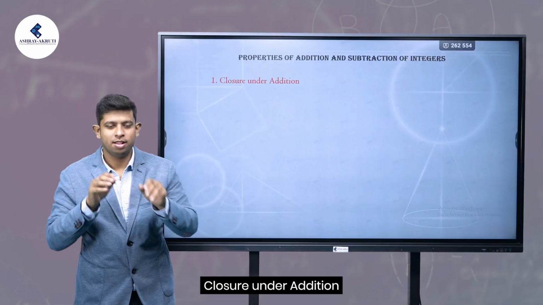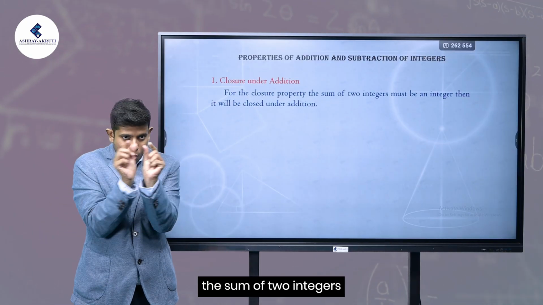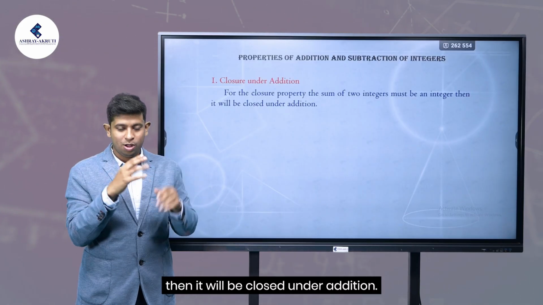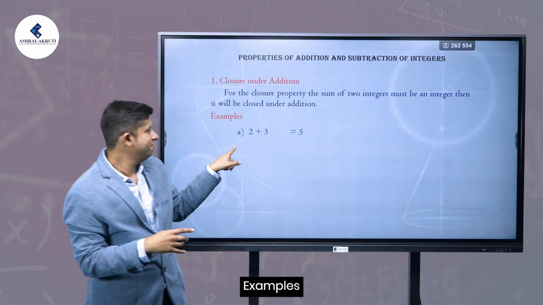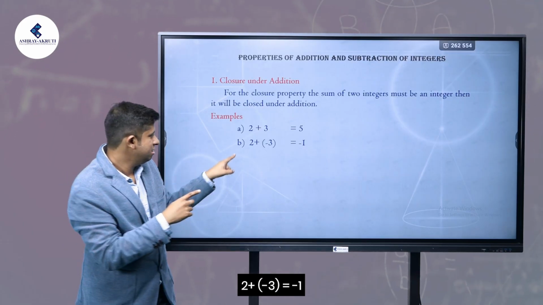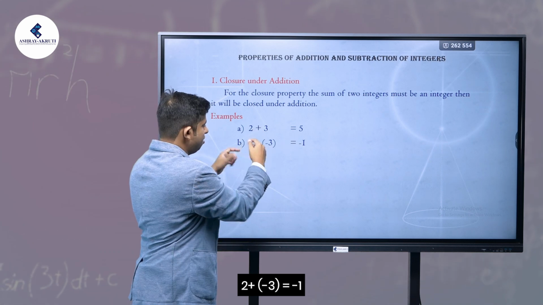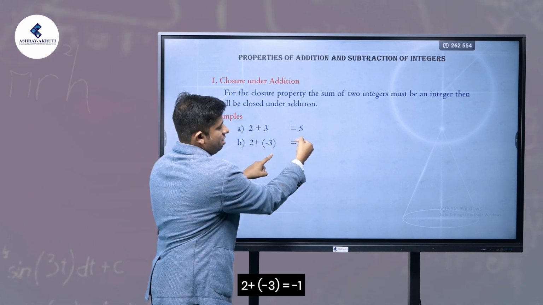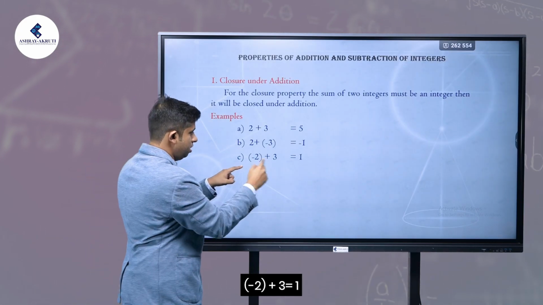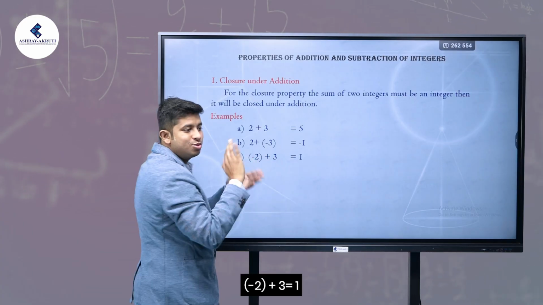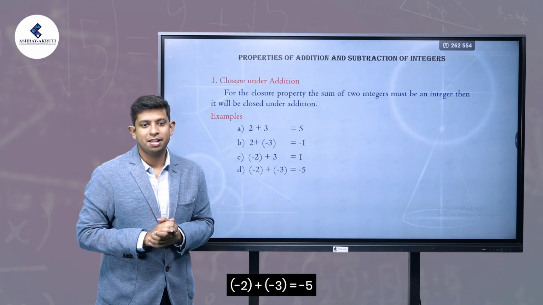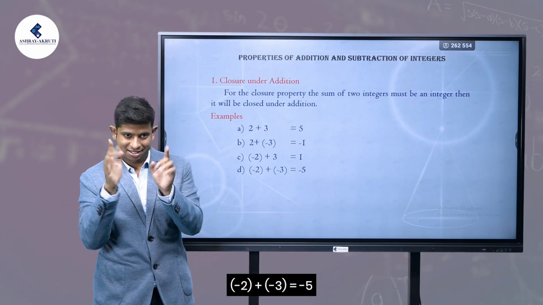Children, now let us see the properties of addition and subtraction of integers. Closure under addition. For the closure property, if the sum of two integers is an integer, then it is closed under addition. Examples: 2 plus 3 is equal to 5. 2 plus -3 is equal to -1. -2 plus 3 is equal to 1. -2 plus -3 is equal to -5.